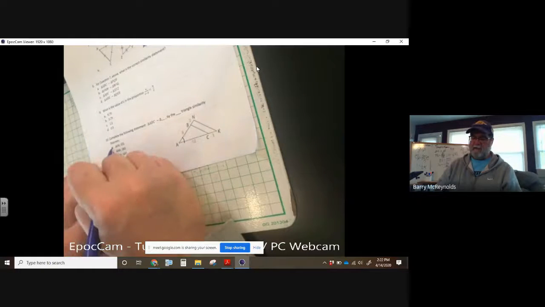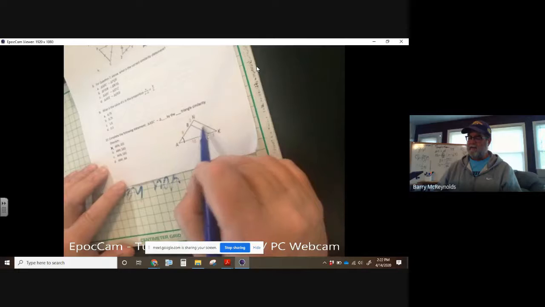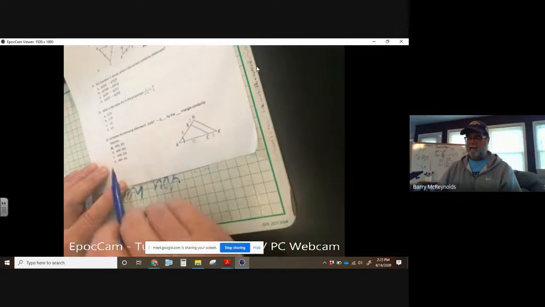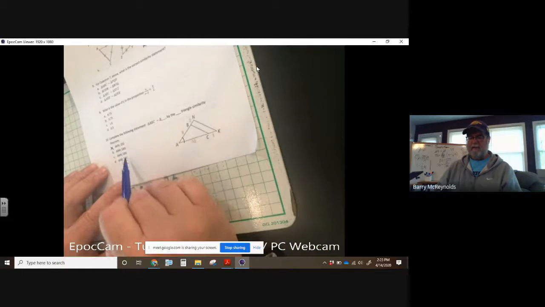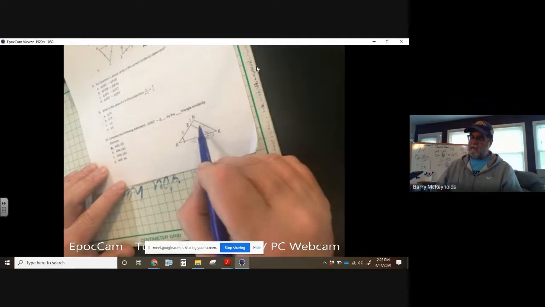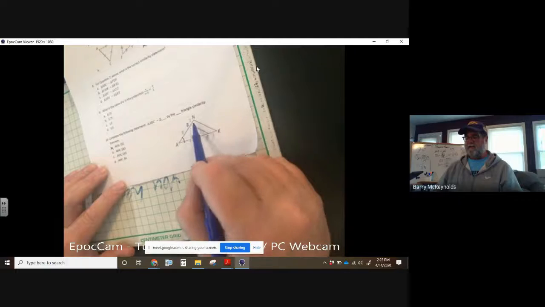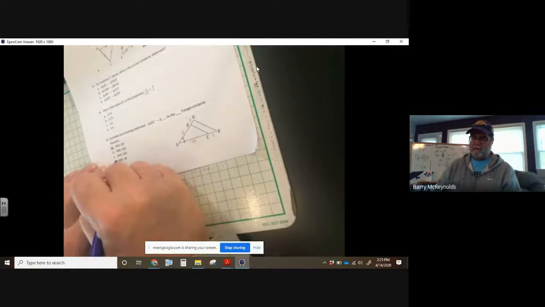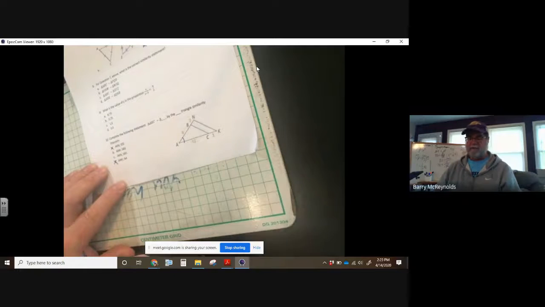I can eliminate this one because I don't know anything about the lengths of these two sides. I don't know that these two lines are parallel, so I can't figure out anything about the measures of these angles, so I'm going to eliminate that one, and I'm going for side-angle-side here.